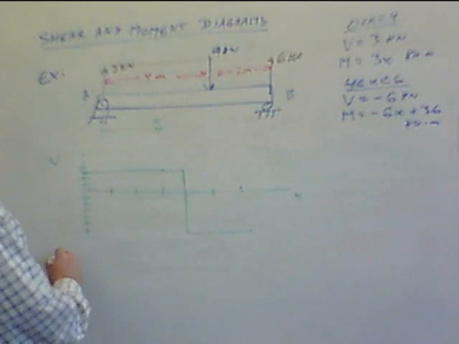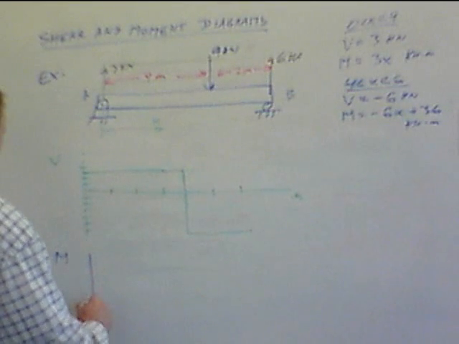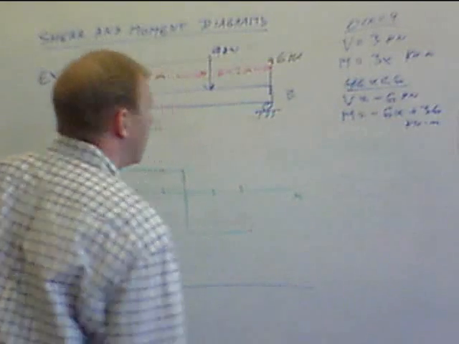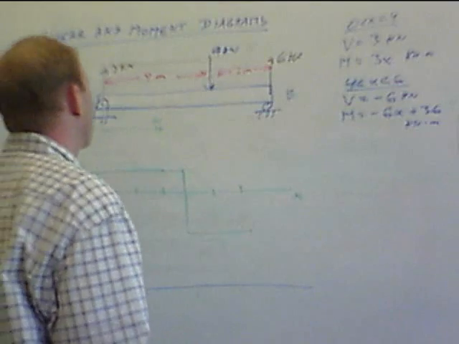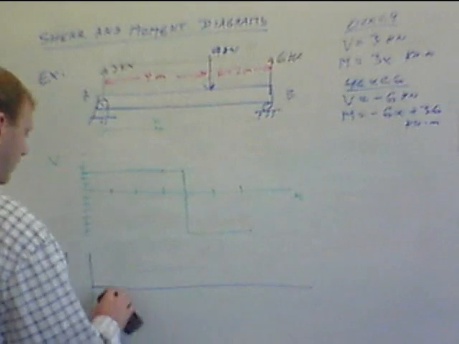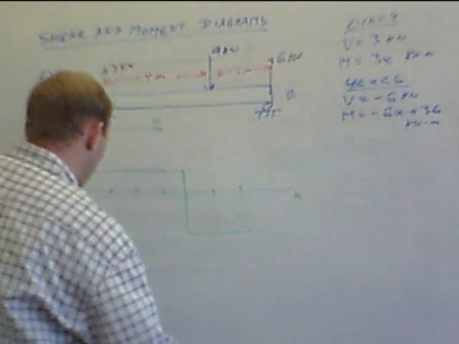Okay, moment, same idea, we're just producing a graph. This one is going to be a bit different in terms of the size, so this is going to stay positive the whole time.